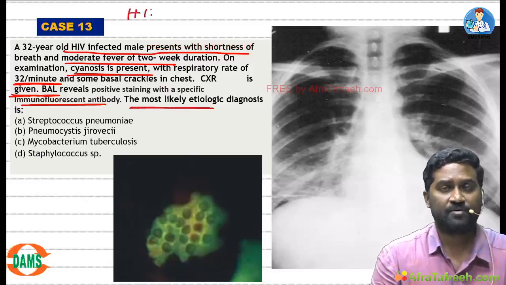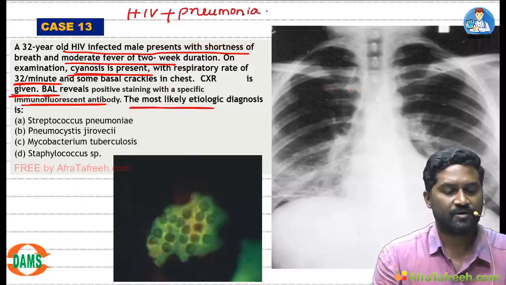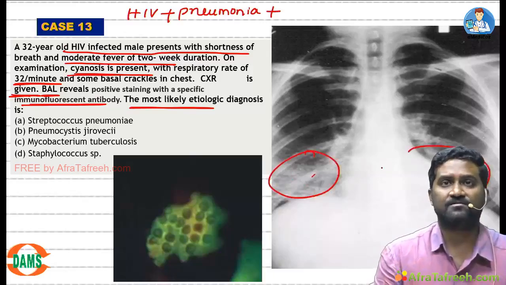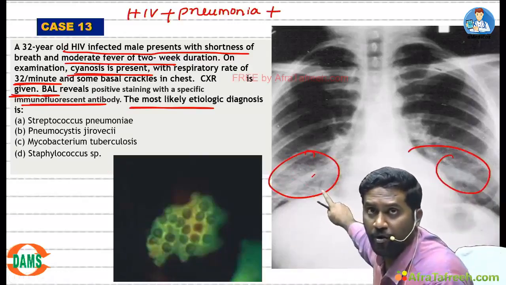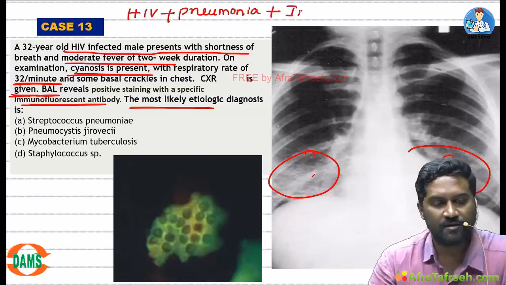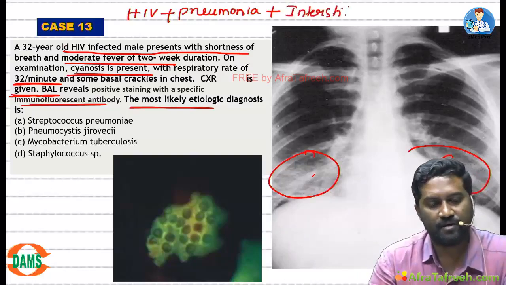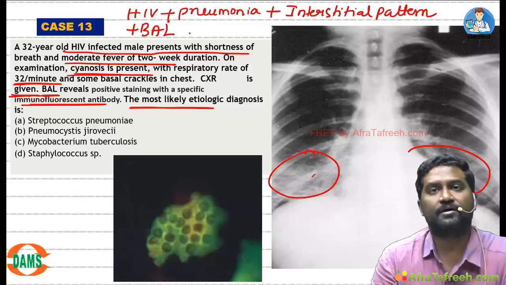So in the question, positive points: HIV with pneumonia because there is a fever, shortness of breath. And what is this X-ray? You see more of interstitial pattern. See in the X-ray there is no consolidation, more of haziness. Interstitial pattern. And it required bronchoalveolar lavage for diagnosis.